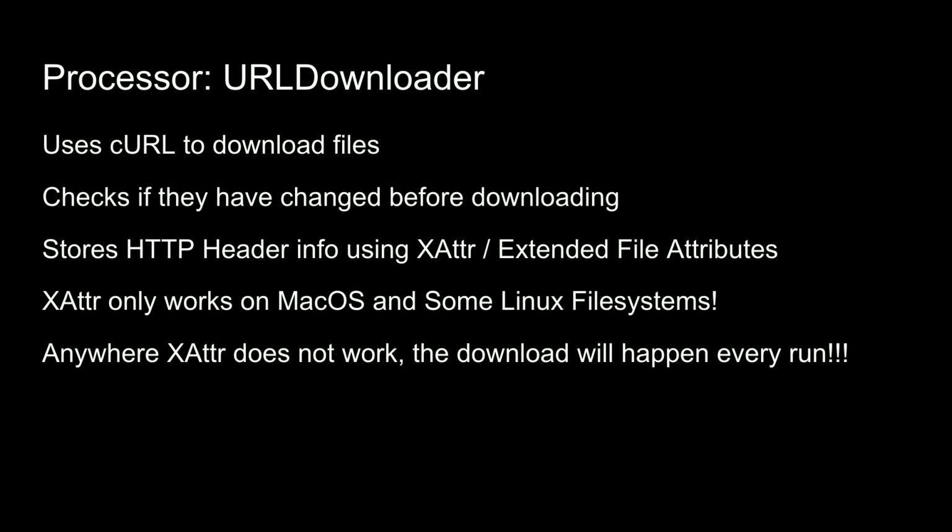But what will happen is it stores the HTTP headers for that request using something called extended file attributes, or xattr, and that only works on macOS and some Linux file systems.